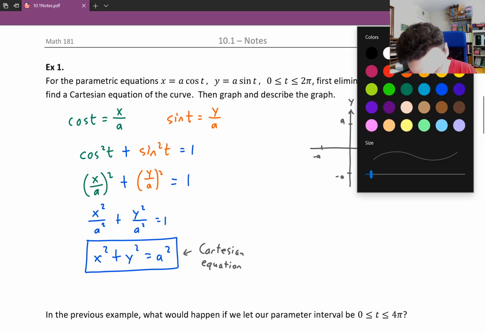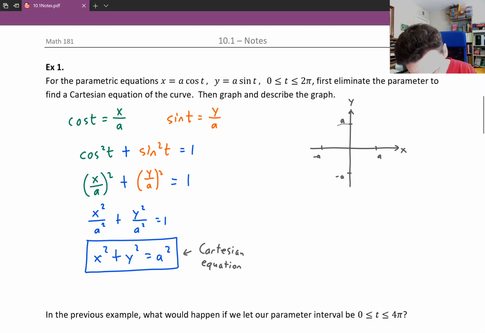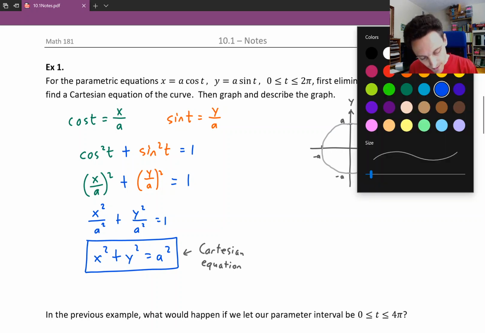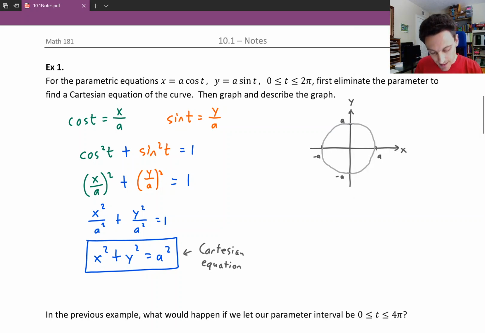I'm going to draw in light gray a very bad circle. So there's a circle with radius a centered at the origin. Now our parameter interval is t goes from 0 to 2 pi. So that's going to be a clue that we're going to go all the way around this circle, right? But let's just confirm that.